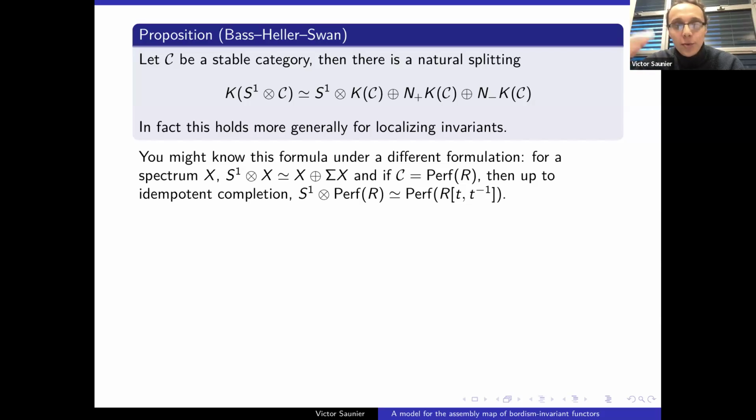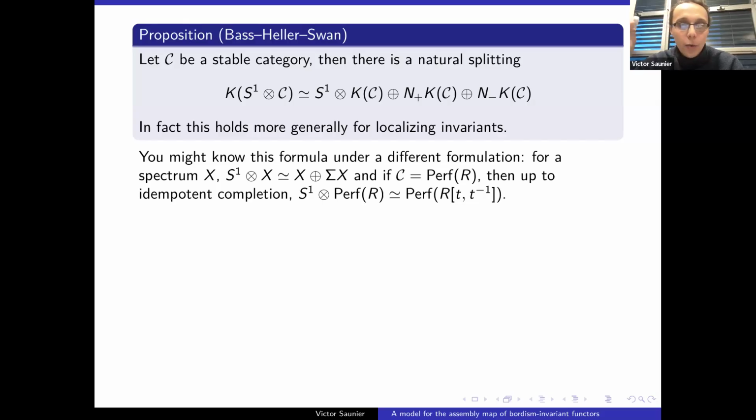If I have a spectrum, S1 tensor X is just X plus suspension of X. And if I start with a category of the form Perf of R, so perfect complexes over a ring R, then up to this idempotent completion business, S1 tensor Perf R is just perfect complexes over the Laurent polynomial ring over R. So this proposition is telling you how to compute the K-theory of Laurent polynomials.